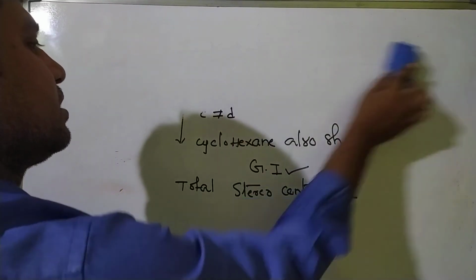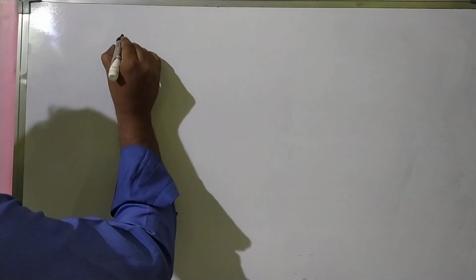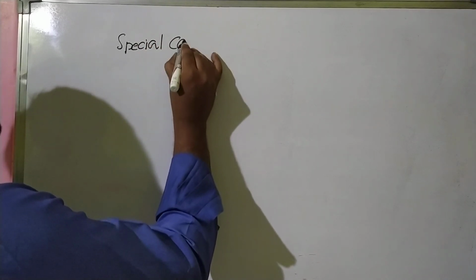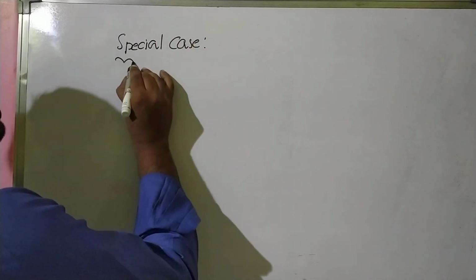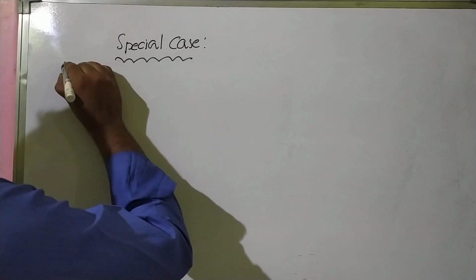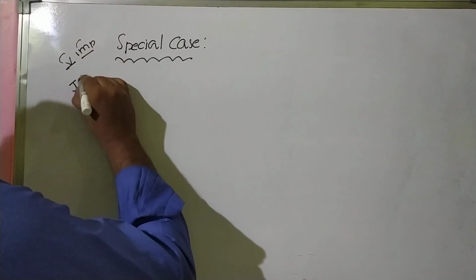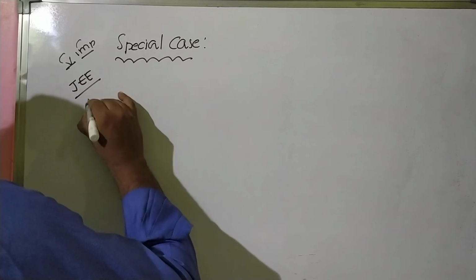Next. Okay, students. Next, some other special case. This is also a special case. Very, very important, means highly important. Special case means very, very important for Z and NEET.